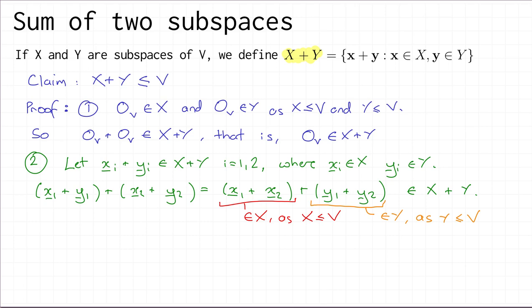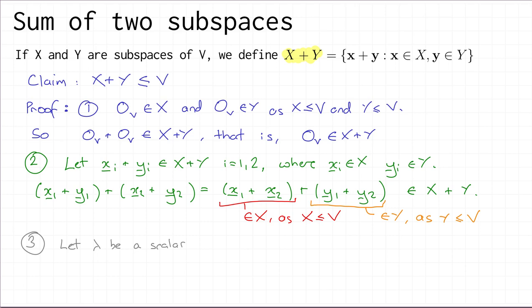We've shown that X plus Y is closed under addition, so we've got one more thing to do, which is closure under scalar multiplication. So we'll choose a scalar. A scalar means an element of whatever field the vector space V is a vector space over, so it's an element of whatever field we're allowed to do scalar multiplication by.